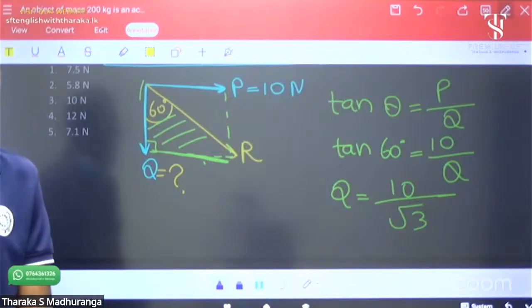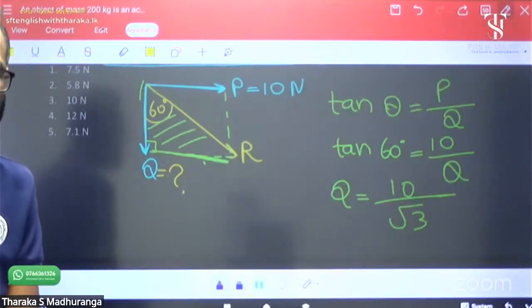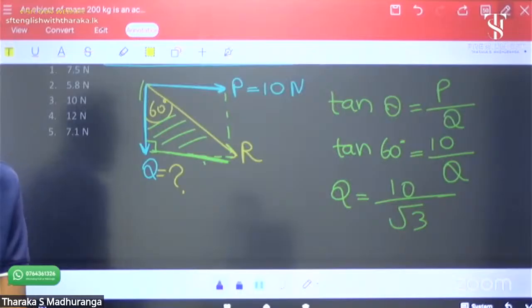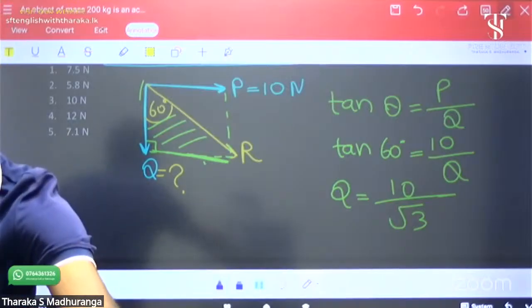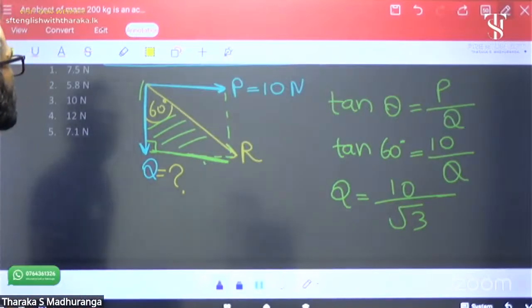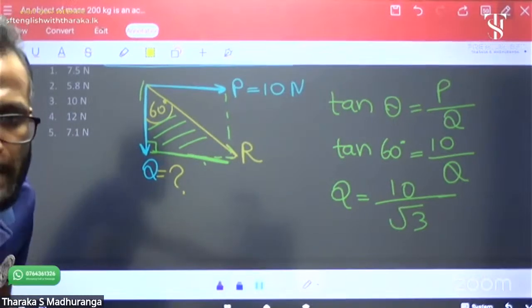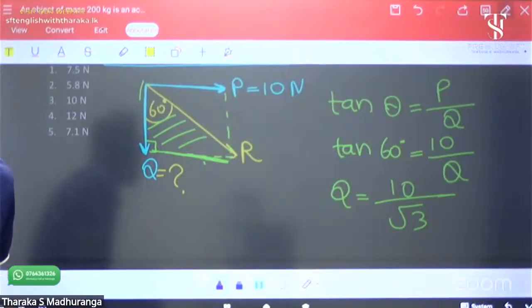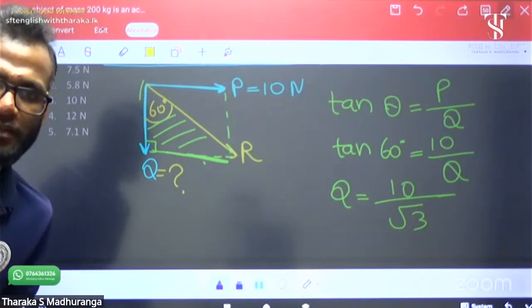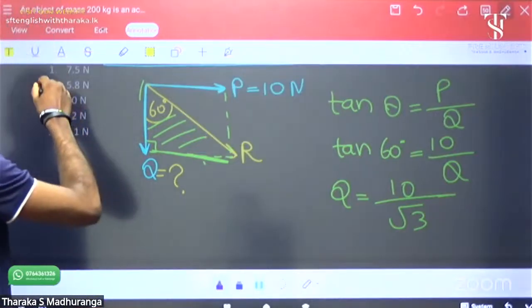10 over root 3. 5.8. 5.77. Yes, approximately 5.8, right? 5.8.